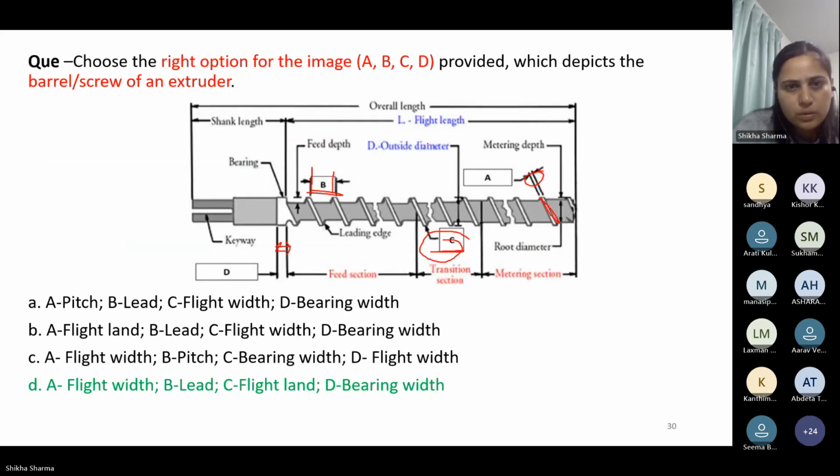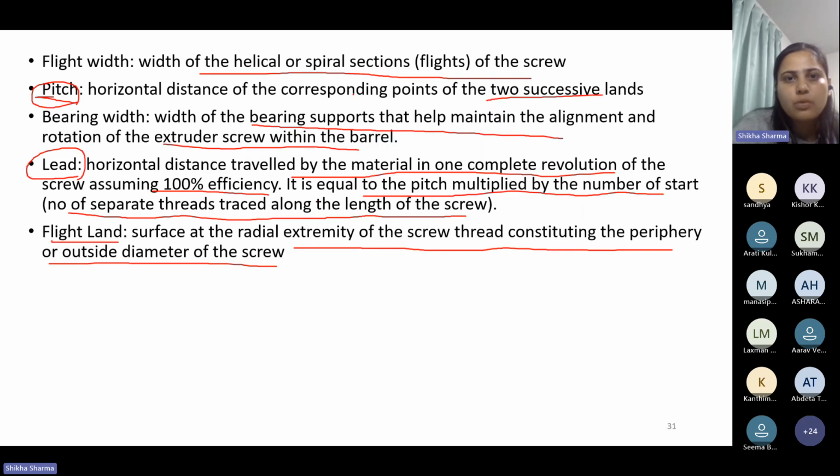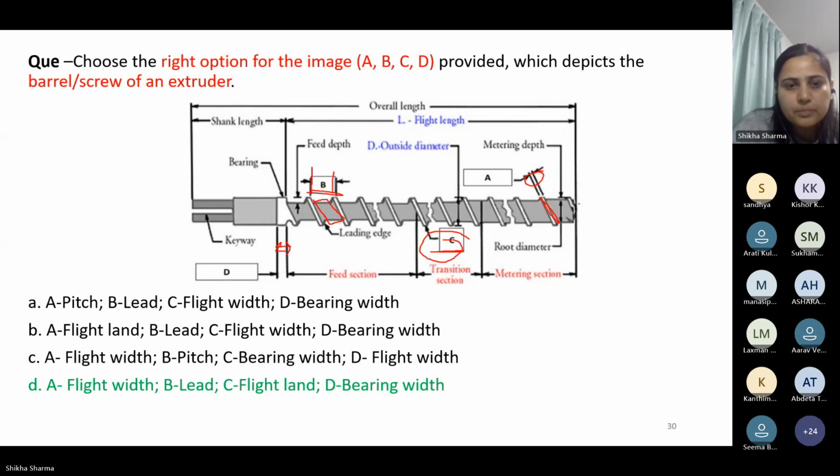So this one, two successive leads. See, this is the horizontal distance of the corresponding points of two successive lands. So two successive lands means this is the land. Like, it's not a 3D picture, so it's a little difficult to make you understand.